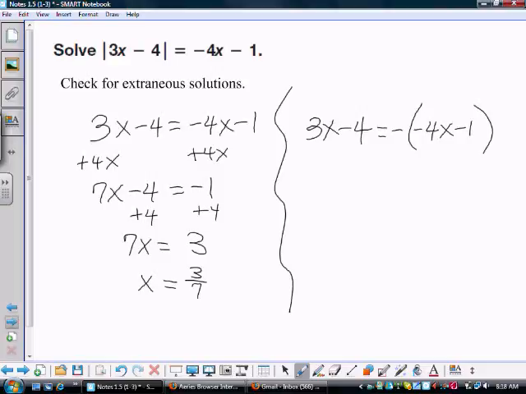Okay. We're going to have to go back and check that one. That's not going to be pretty since we're dealing with a fraction, but we can do it. I know we can do it. All right, now we'll solve the opposite. So I have 3x minus 4 equals the opposite of negative 4x. Oh, that's positive 4x.